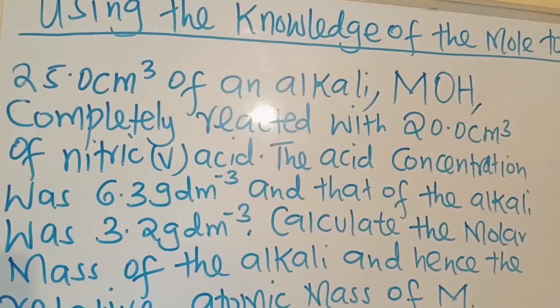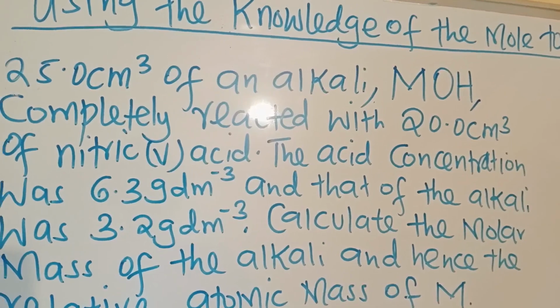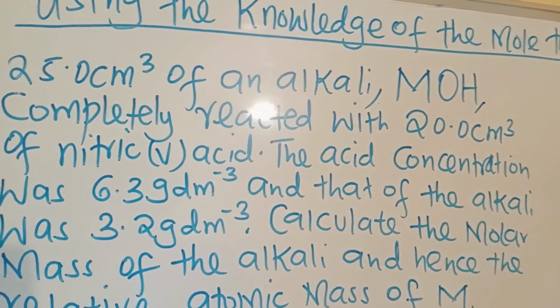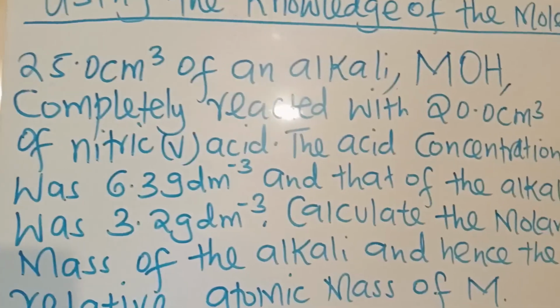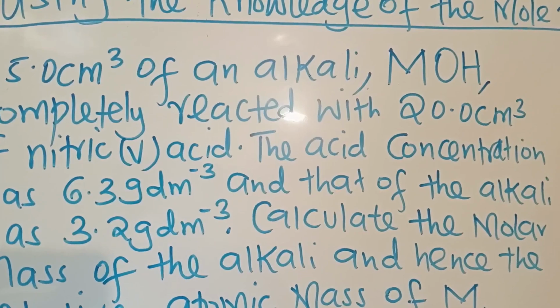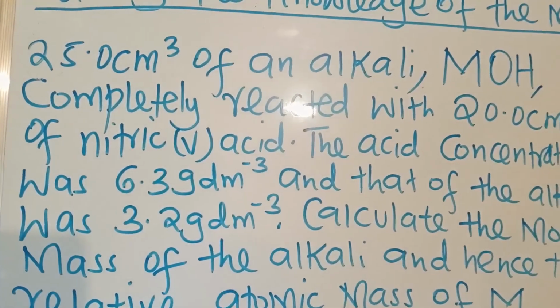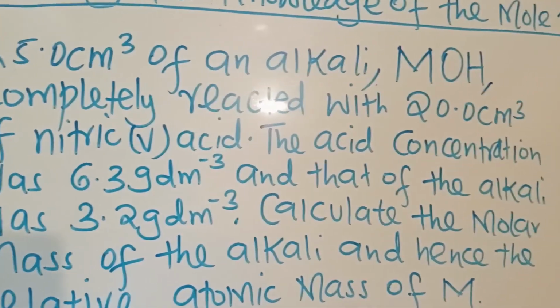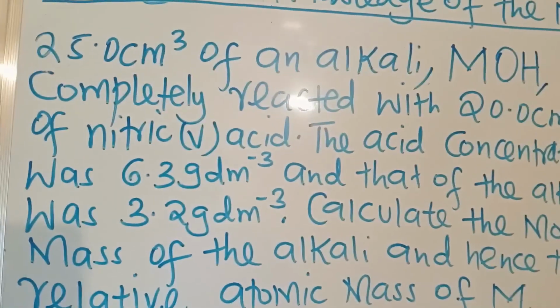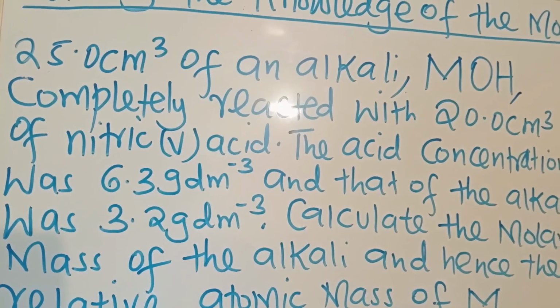So 25.0 centimeters cubed of an alkali MOH completely reacted with 20.0 centimeters cubed of nitric 5 acid. The acid concentration was 6.3 grams per dm cubed.